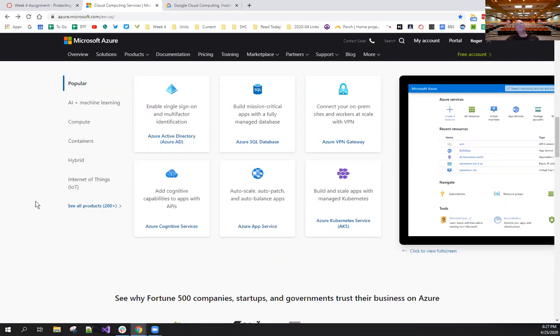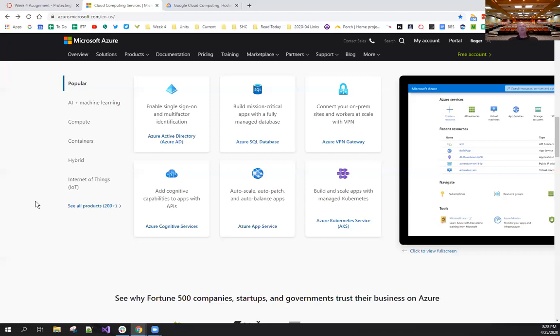So let's say we're open to talking about going to Microsoft Azure. And instead of Amazon AWS, maybe Amazon's too expensive, or maybe we have a relationship with Microsoft we want to maintain.